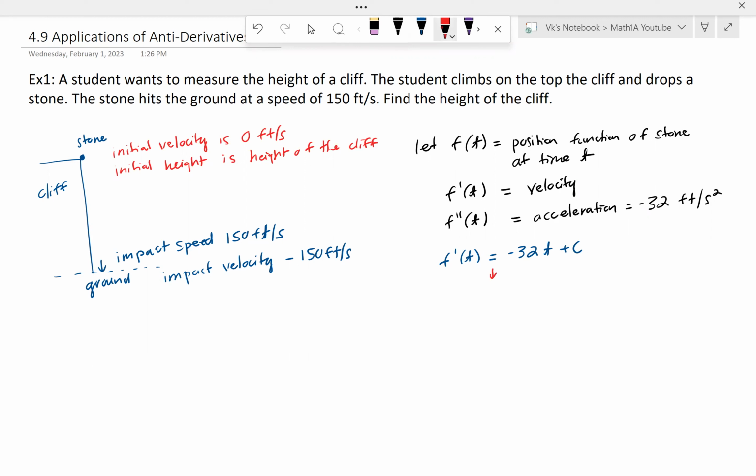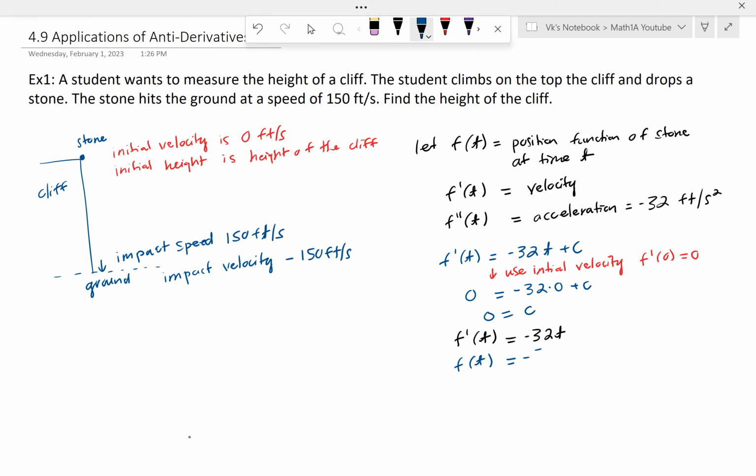And then we use the initial velocity, 0 feet per second. So f prime of 0 is 0. 0 is negative 32 times 0 plus c, so c equals 0. From there, we know that f prime t is negative 32 t.